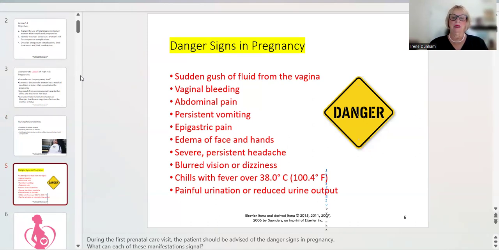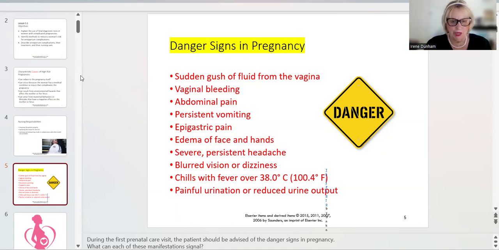Abdominal pain. Yes, abdominal pain other than, say, contractions. It could be that she's having cystitis, a gallbladder problem, or epigastric pain, which is a severe sign of preeclampsia. Persistent vomiting, that's your hyperemesis gravidarum. That's way beyond the nausea and vomiting that lasts up to 14 weeks gestation. And that's never good because why?